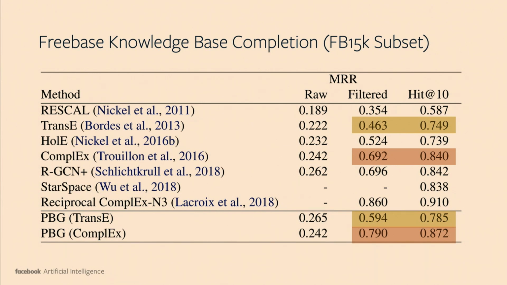So now I'm moving on to the experimental section. The first thing experimentally we looked at is the knowledge graph of Freebase, which is basically the standard for looking at these multi-relation graphs. And they typically work on this very small subset of Freebase that has 15,000 entities. And what we find is when we implement different models, including the state-of-the-art ComplEx model, that in PBG we replicate or get higher accuracy on a link prediction or knowledge-base completion task as the original papers.